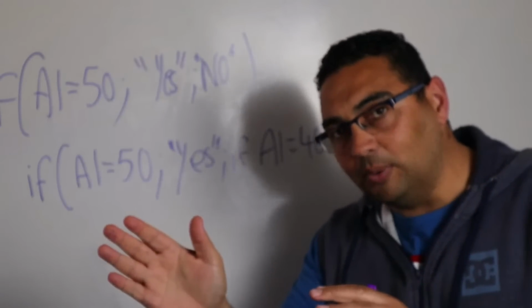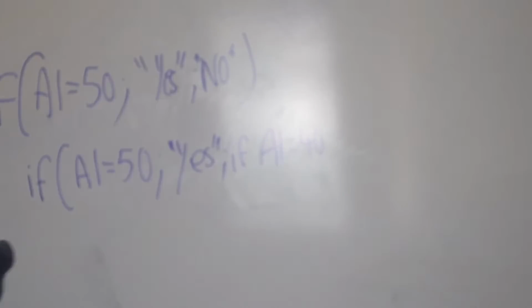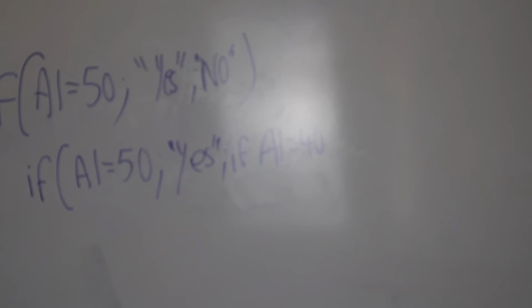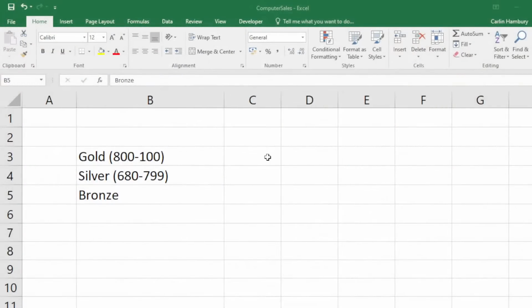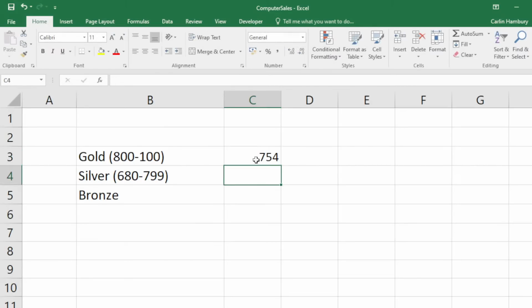So let's go and type it out and let's check it out as we do this now. So this is usually what I'll have. Oh yes, I still have to type in numbers. So let's type in 754, 658, 890, 869, 800, 714.